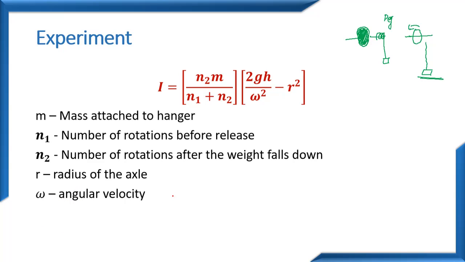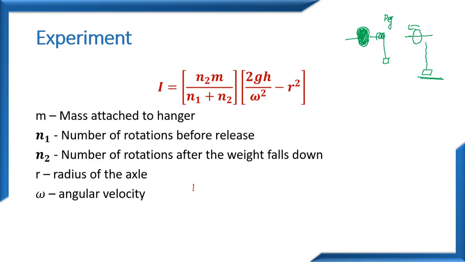Let us find the angular velocity. So what we can find is actually the average value of angular velocity. That is, when the mass just slipped off, the flywheel had an angular velocity which is equal to omega, and it gradually came to a stop and had an angular velocity 0.